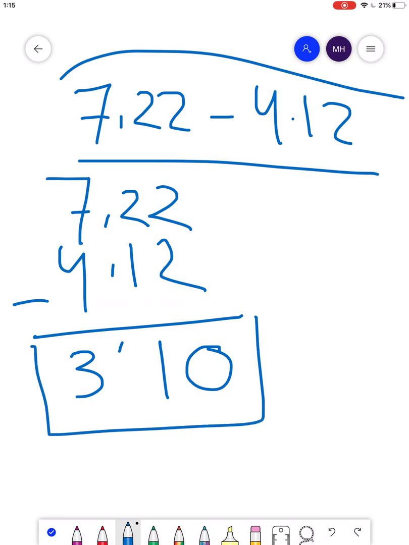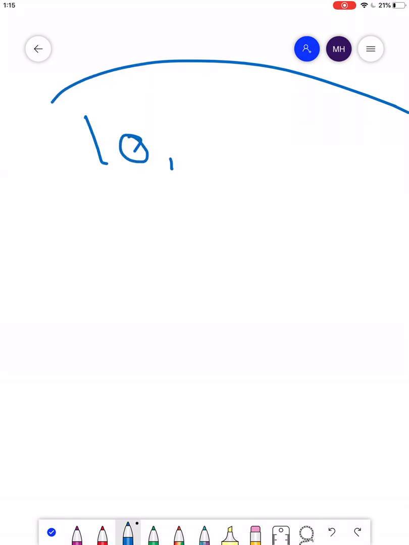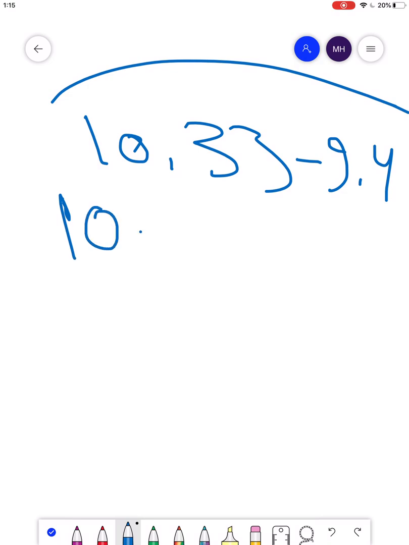Now another example, I'll show you how we regroup. We borrow from the next digit. If we have another example, 10.33 minus, let's say, 9.4. Now I write them as I said, line up the decimal points.